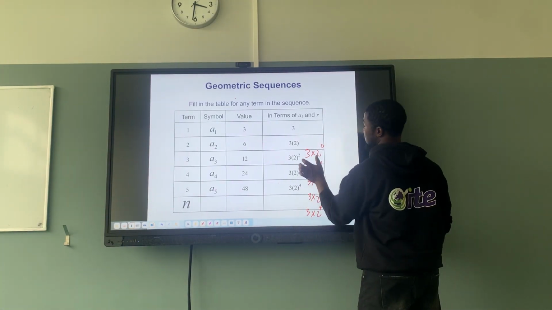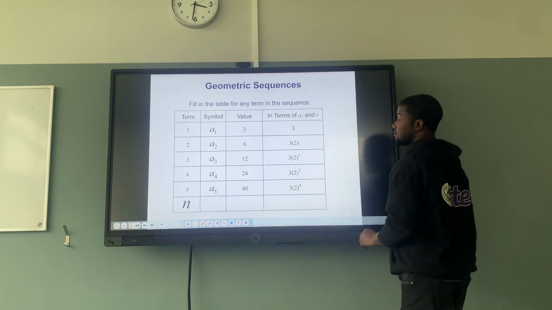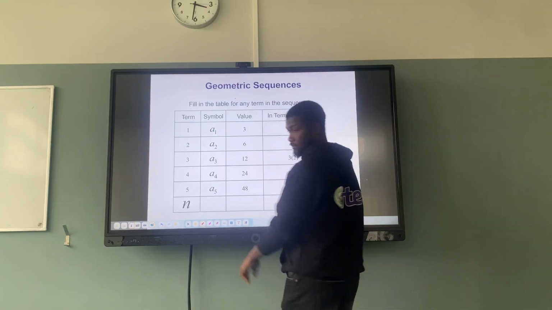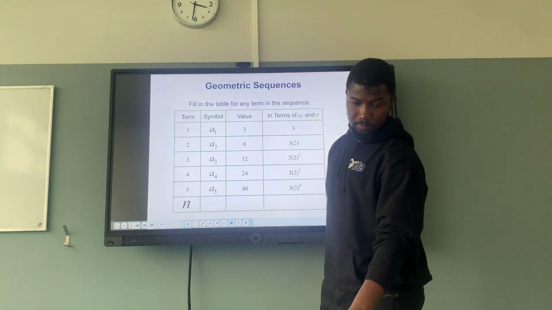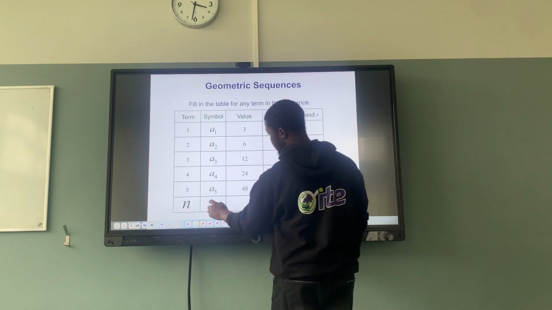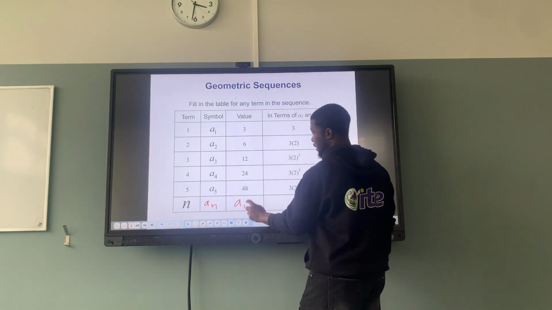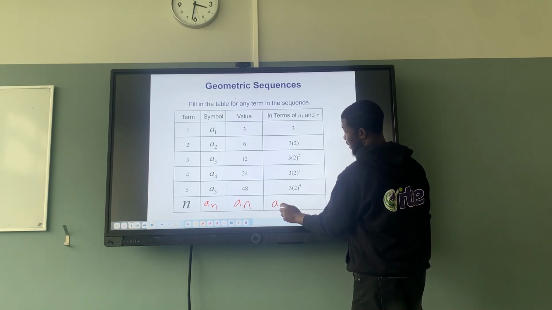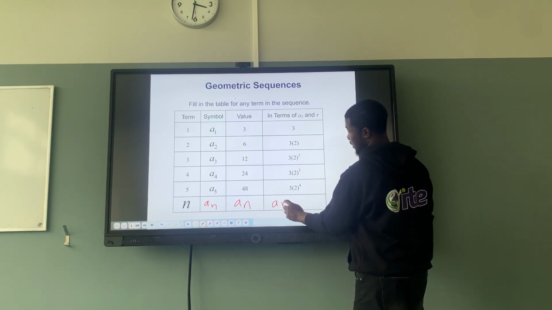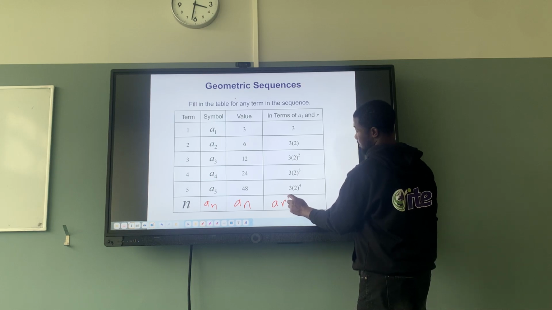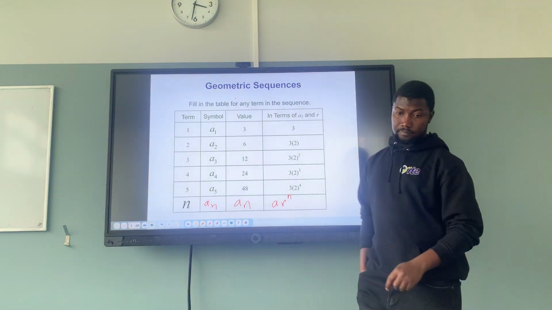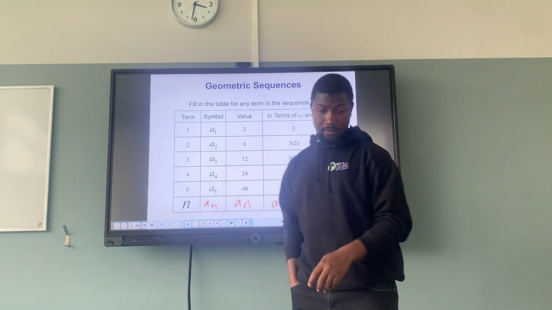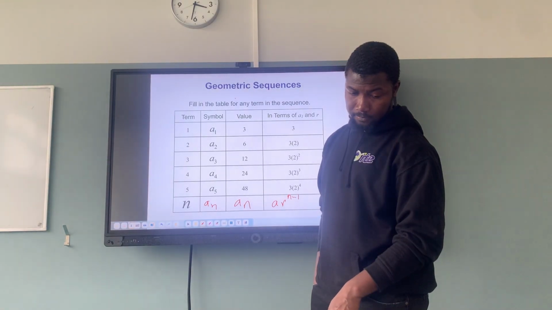So basically, this is AN, and that will be A times R to the power N minus 1, depending on which term you are finding.